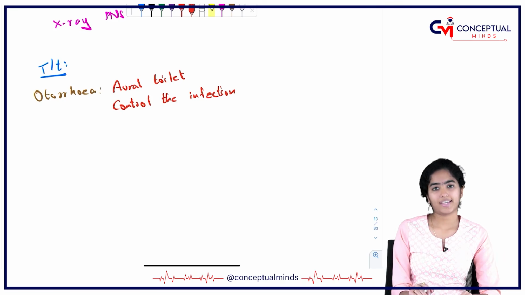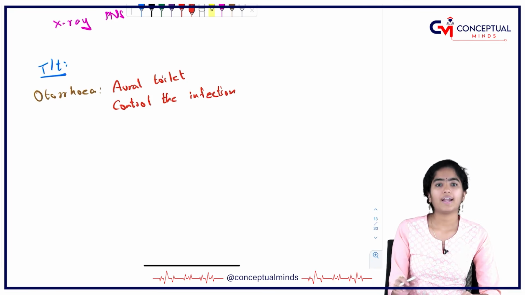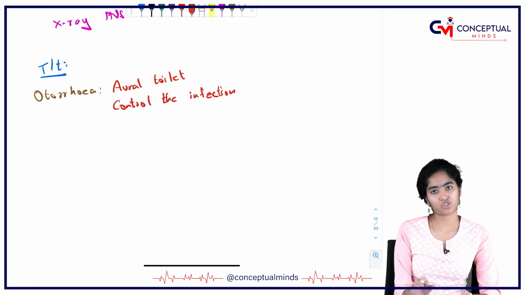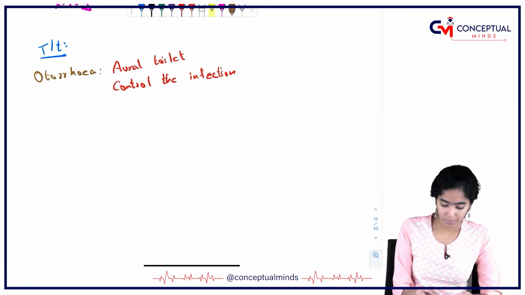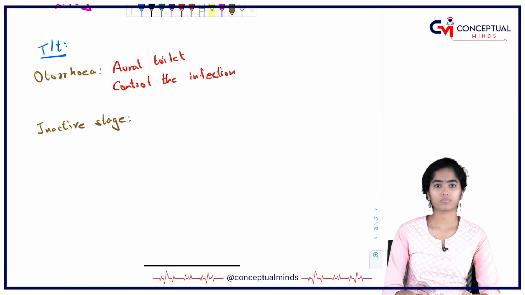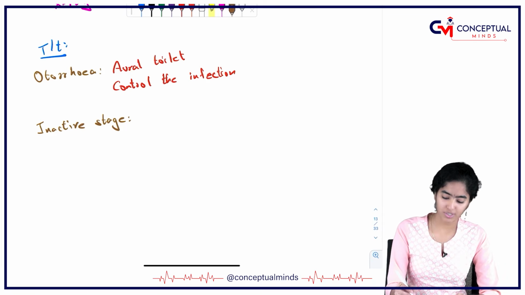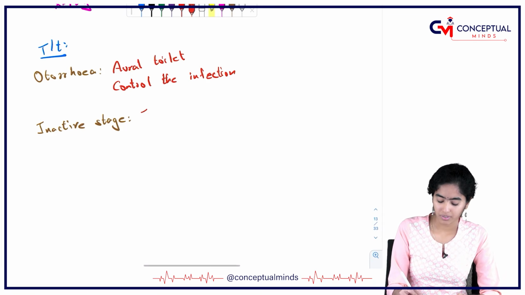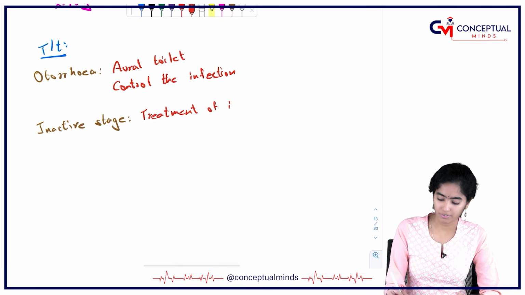So in the active stage, conservative management with medical treatment is done, and treatment of the focus of infection is important. In the quiescent inactive stage, if the patient presents to you, you will first rule out infection here also, and if any minor focus of infection is there, treat that. Treatment of infection if present.